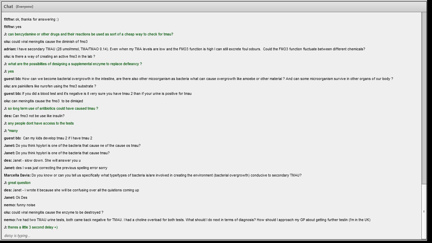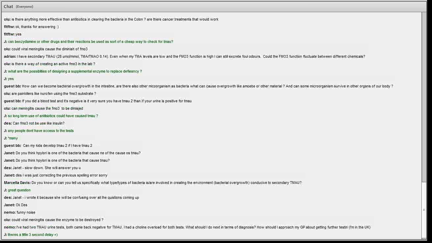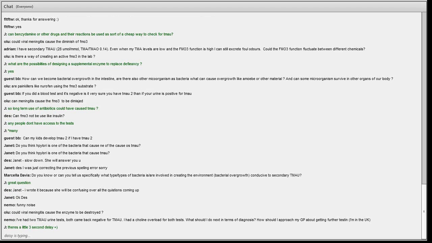We have multiple enzymes that are acting to help us clear drugs. And if you do have a problem with one drug, then your clinician should be able to advise you to take another drug of the same type that's not metabolized by, for example, FMO3, if that proved to be the case.